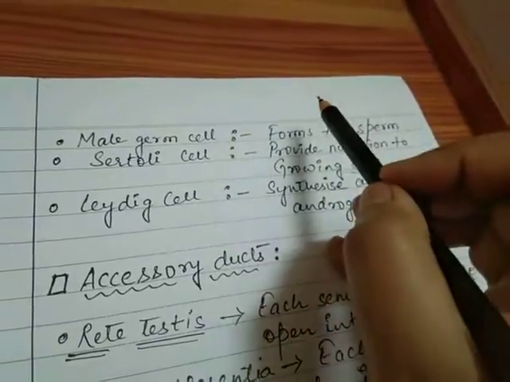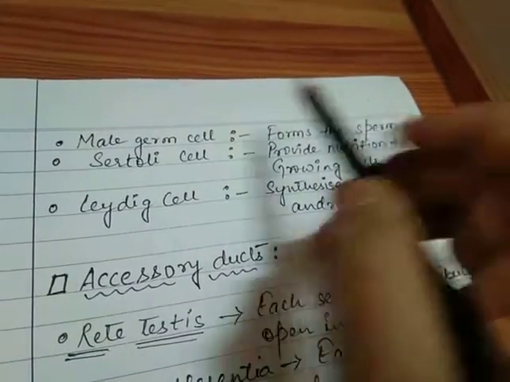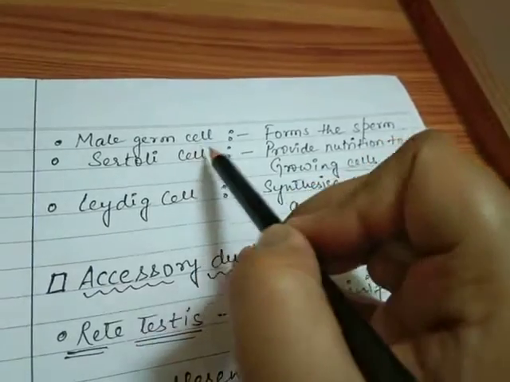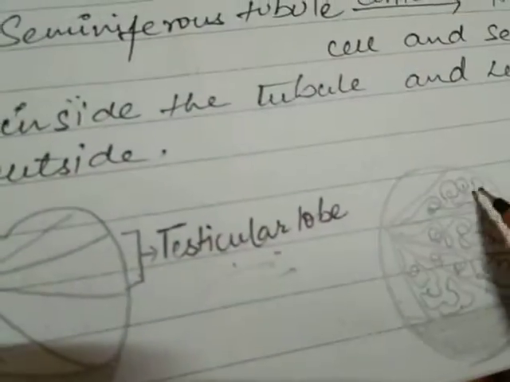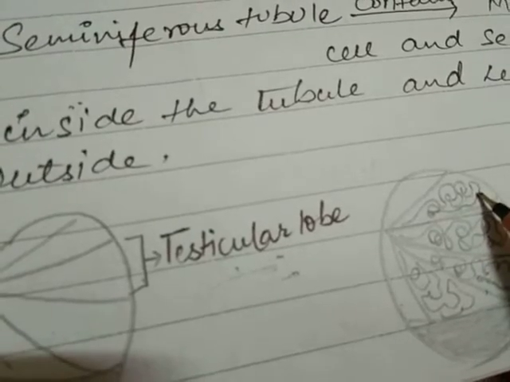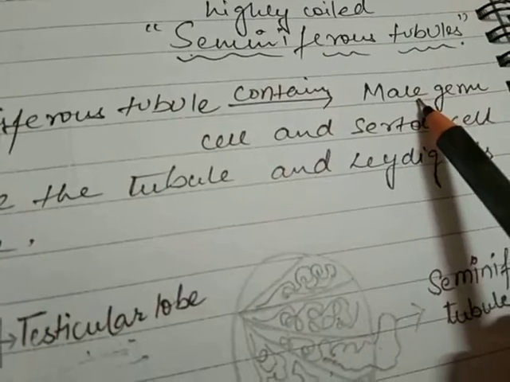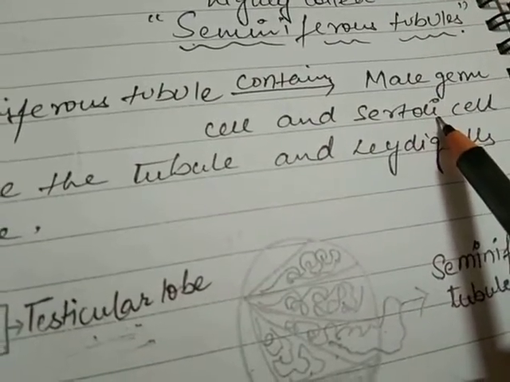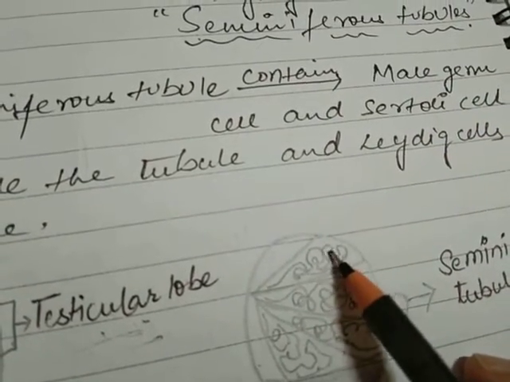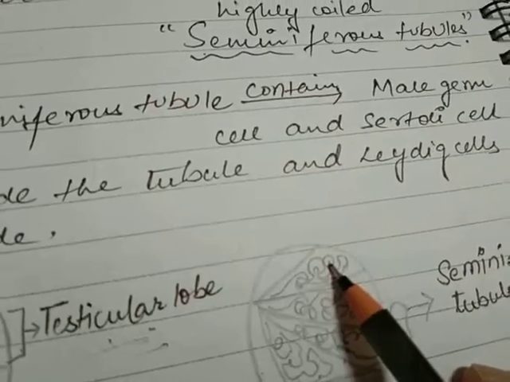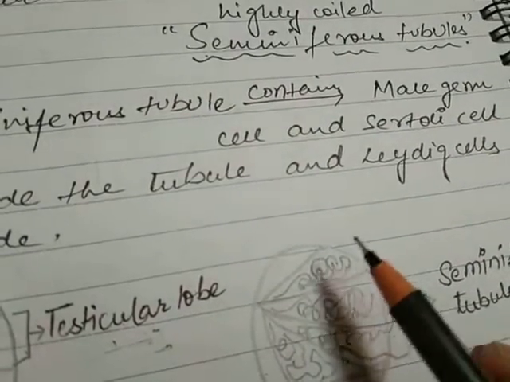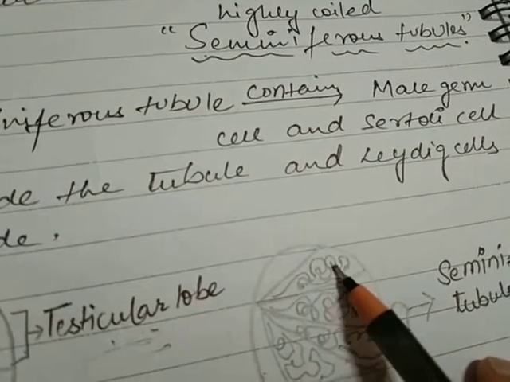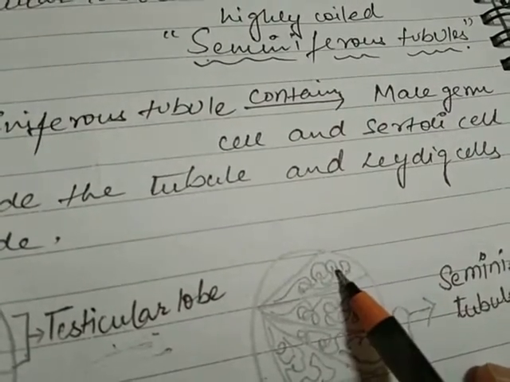Now, one thing to be noted is that the male germ cells and the Sertoli cells are found inside the seminiferous tubules. So again I am saying, male germ cells and the Sertoli cells are found inside the seminiferous tubules, where the male germ cell produces sperms and the Sertoli cell provides nutrition to the growing sperms.